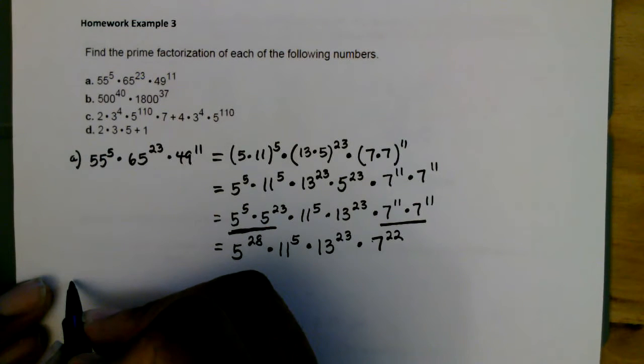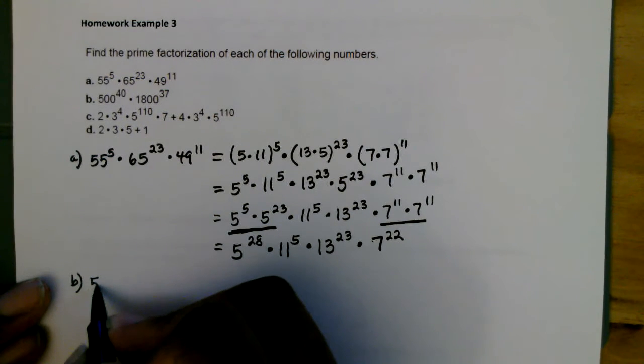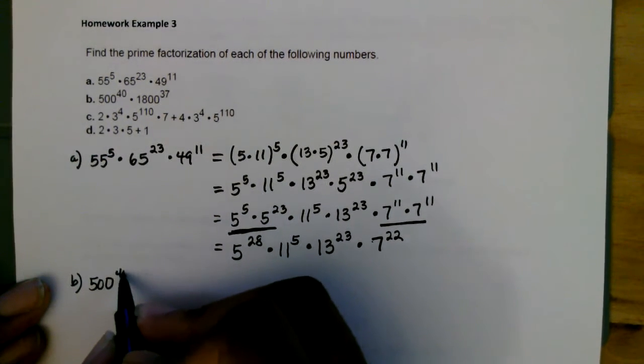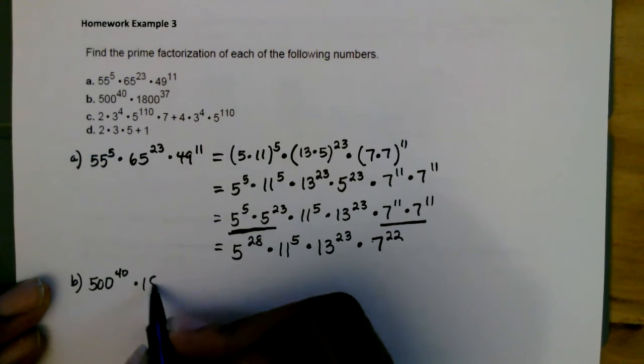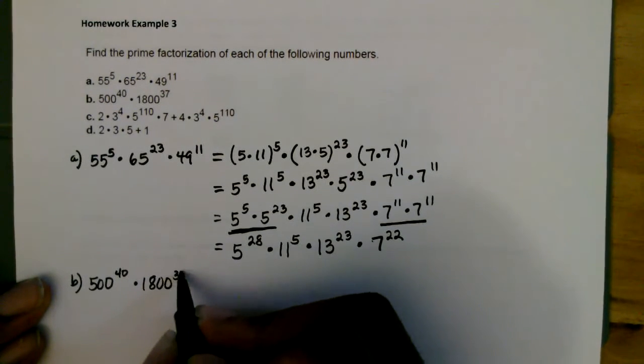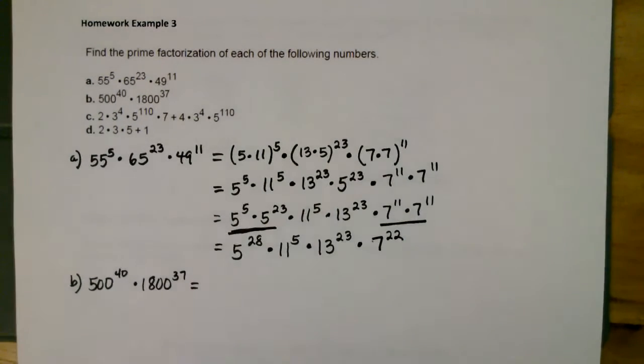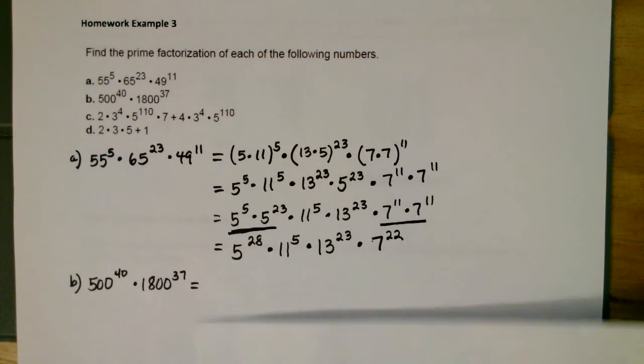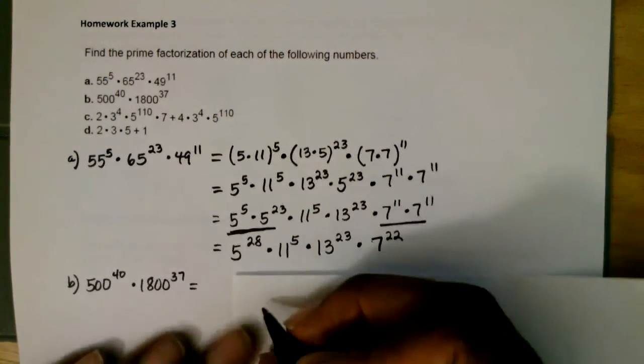Okay, part B. 500 raised to the 40 times 1800 raised to the 37. All right, so now I'm going to use some scratch paper here.